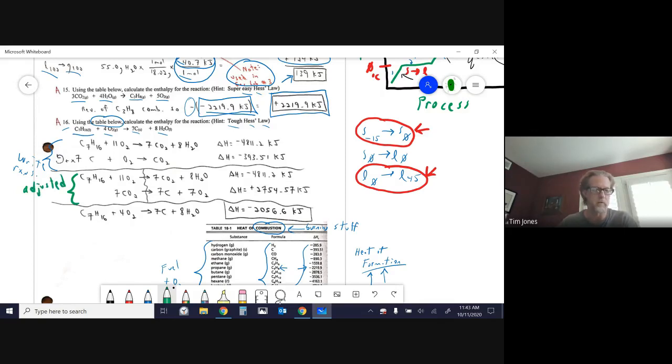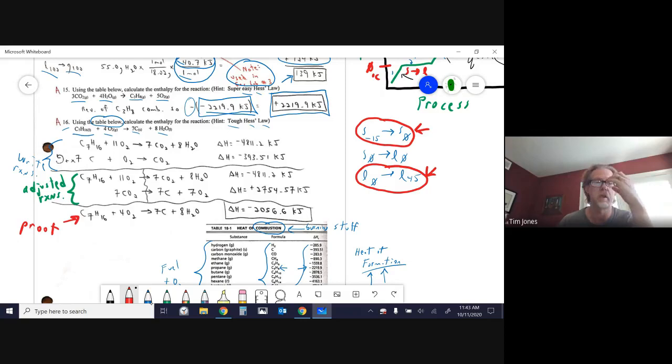In other words, we've adjusted them to what we think is going to work. And then this last step right here is just a proof. You're just making sure that it works. And if it all goes according to plan, you just add your numbers in the end. It's a lot of work just to add numbers, but that's the point, is to make sure that it works and to prove that it works.